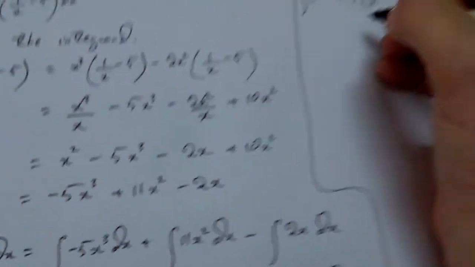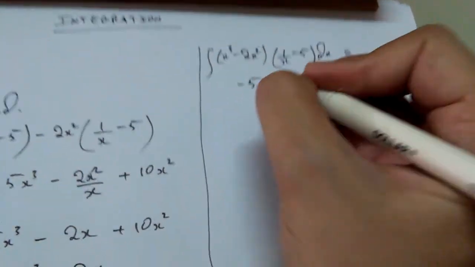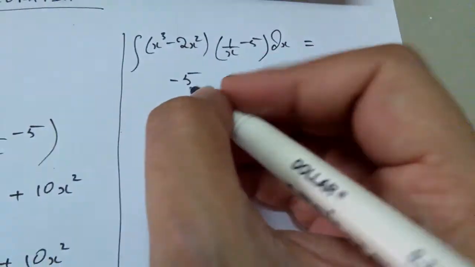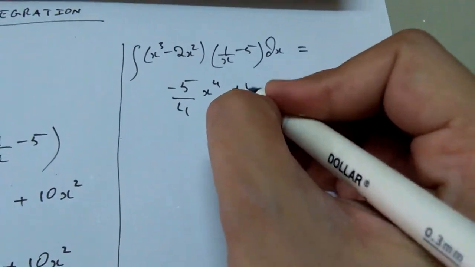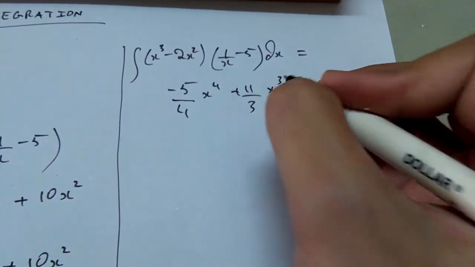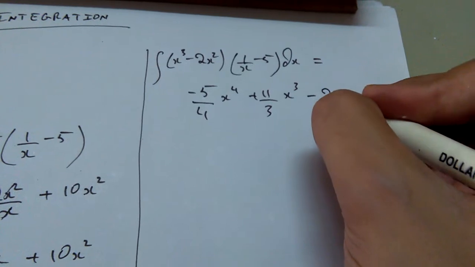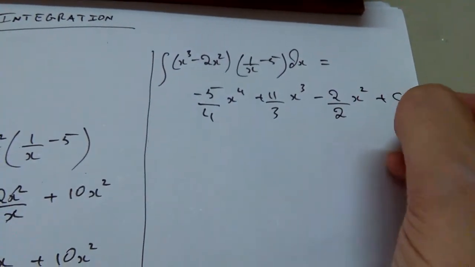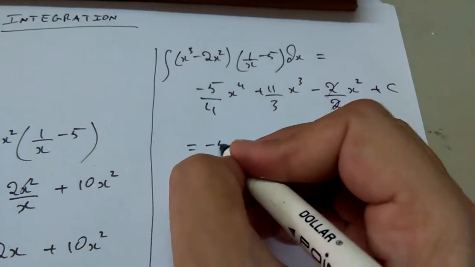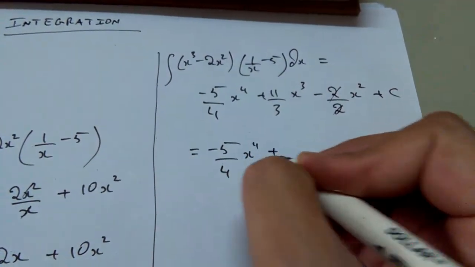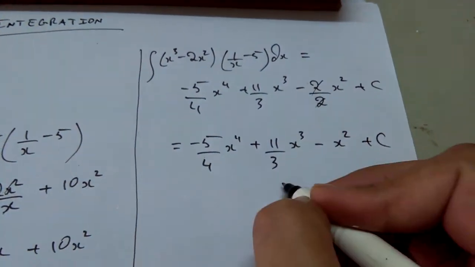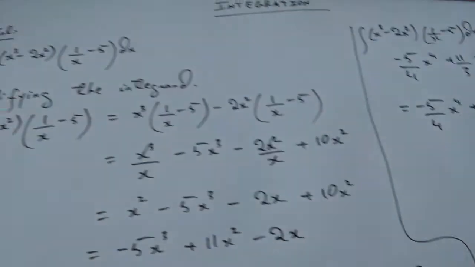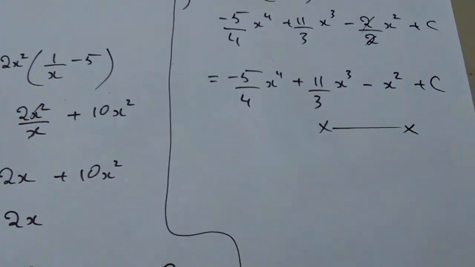So over here the answer comes out to be: minus 5 upon 4 x power 4, plus 11 upon 3 x cubed, minus 2 upon 2 x squared, plus c. This 2 and 2 get cancelled. So finally you're having the form of some constant, and this is your answer. That's how you solve. Okay, so let's have one more example.